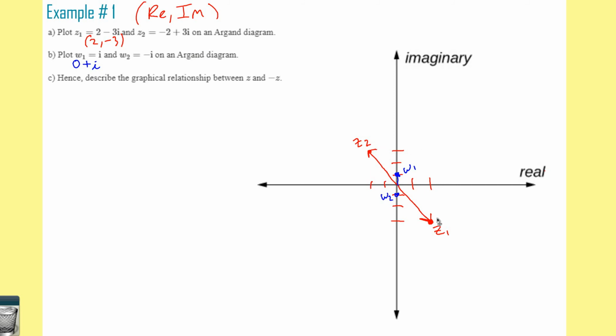We went from one edge to the other, so that's 180 degrees. Or we can say negative Z is the image of Z after a reflection in the horizontal and the vertical axis. Think about it: you flipped this across the horizontal axis and then across the vertical.